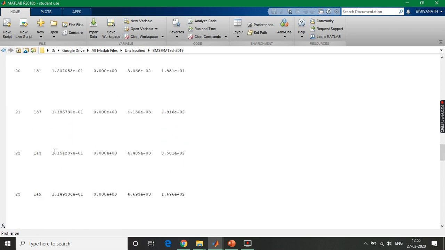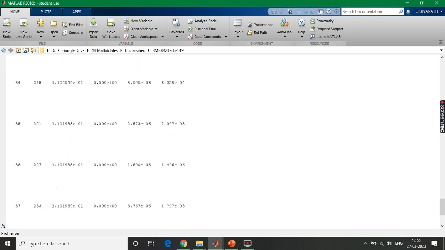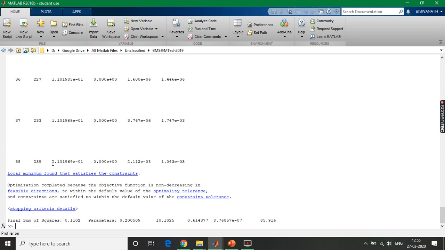and we can see it is coming like 1.1 times 10 to the minus 1 finally. So local minimum found, and it is satisfied. So the final sum square is 0.1102, and our final parameter is this one. So we started with some values and we landed on the optimal values likely.